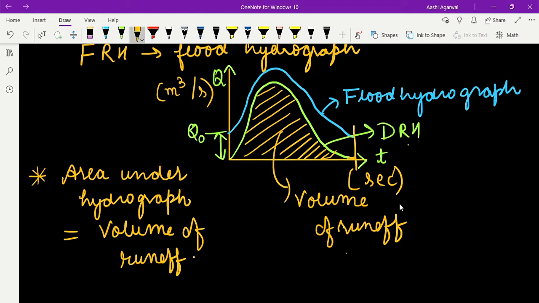It is visible here, because it is considering some Q naught value. So you can also write one more important point, that the ordinates of flood hydrograph.